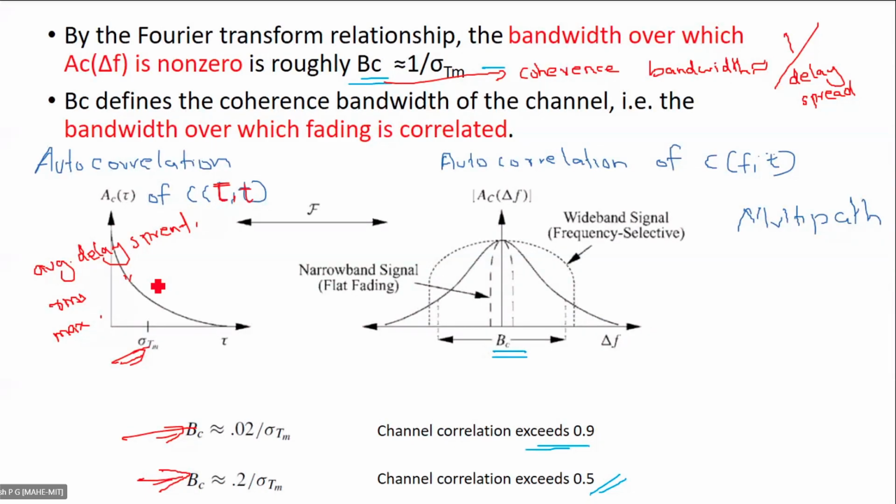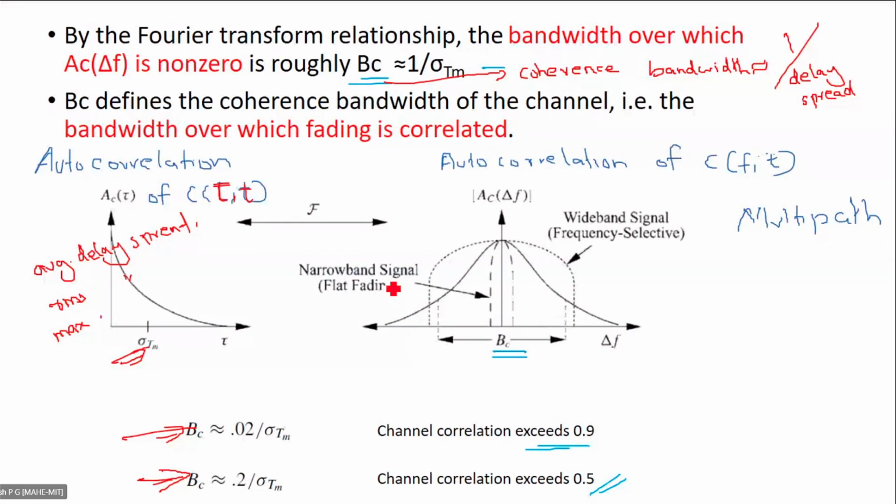And to the right, what you can see is the autocorrelation of C of f comma t. See, there is a difference. In the left, you have C of tau comma t. To the right, you have C of f comma t.